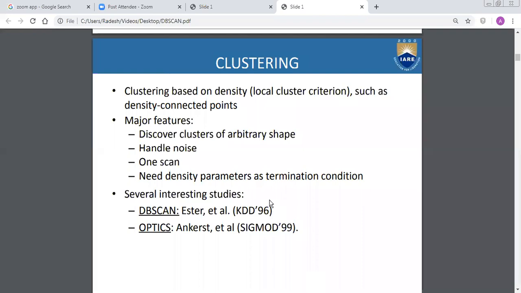Okay, so this is about the density in a given specific area: the number of objects available, and the number of clusters available in that particular region.